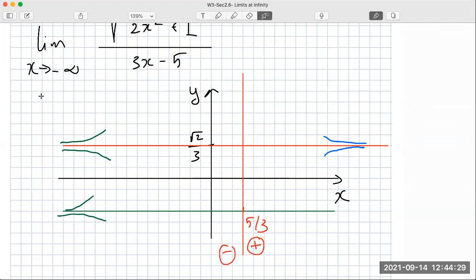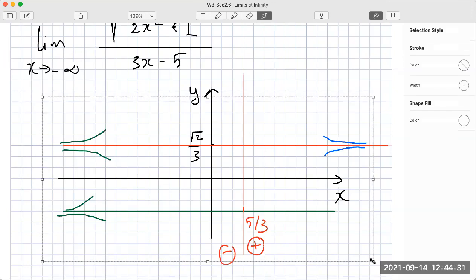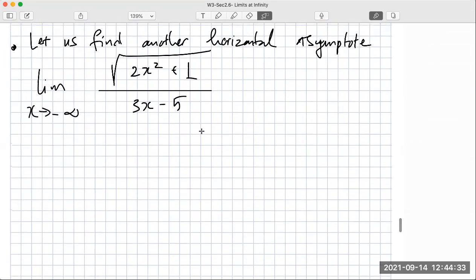That is why in this step we need to compute the limit as x approaches negative infinity here.